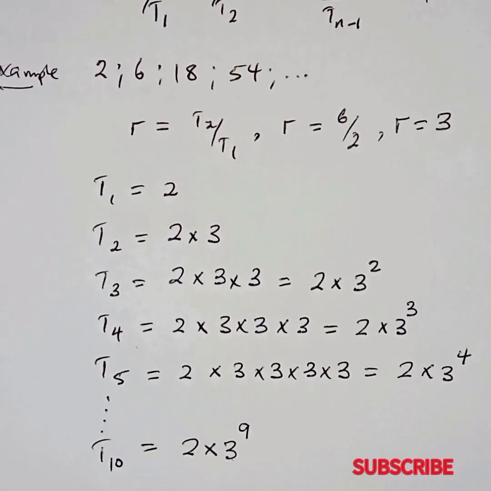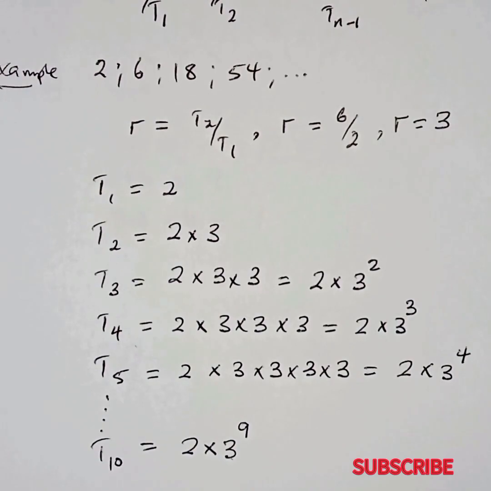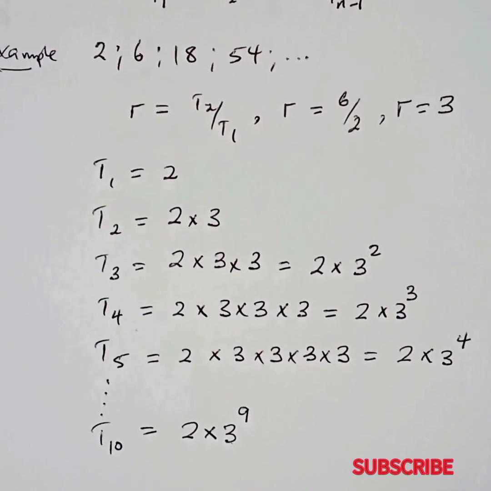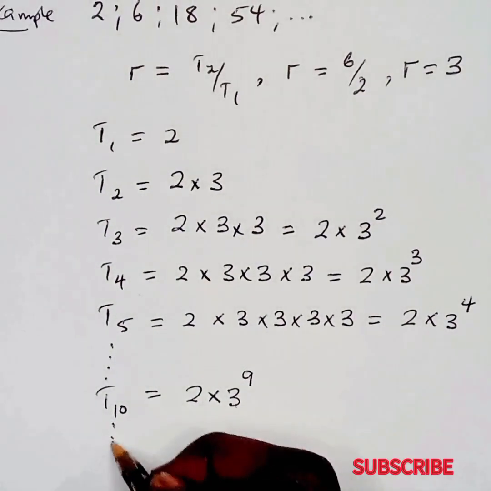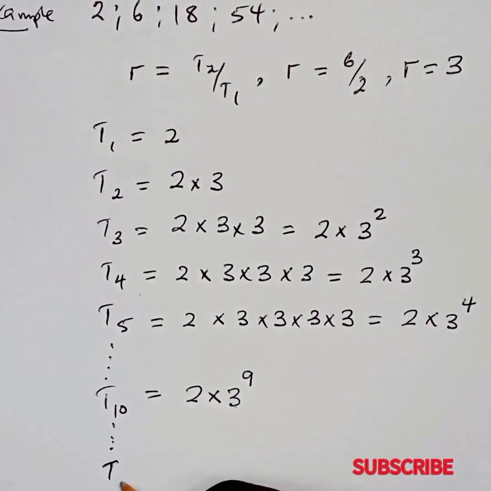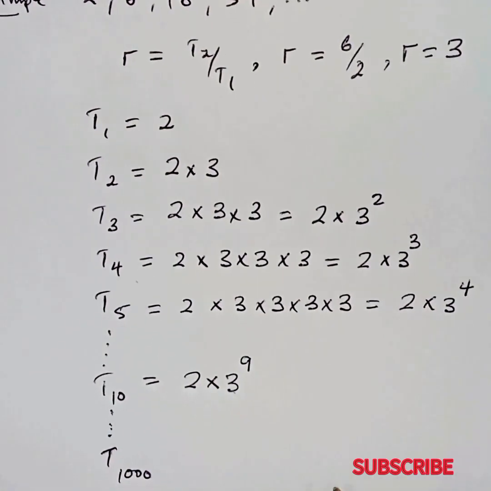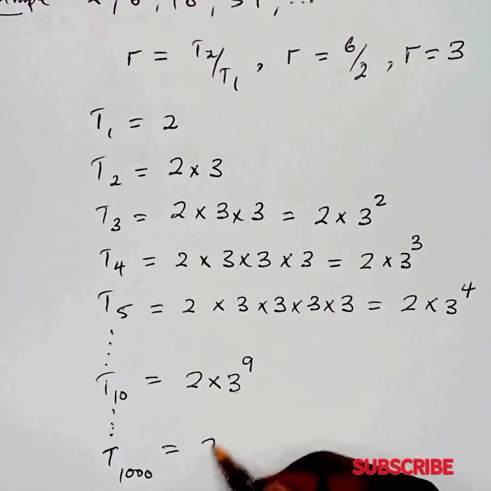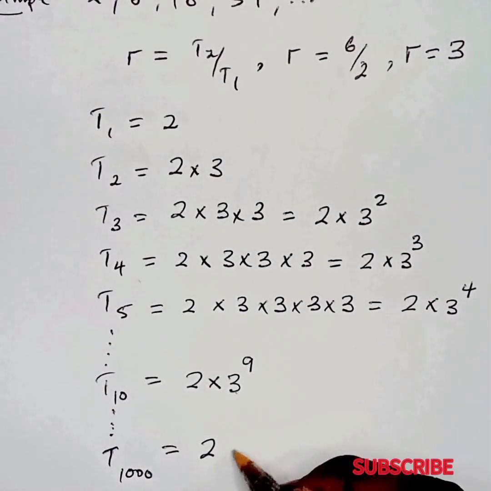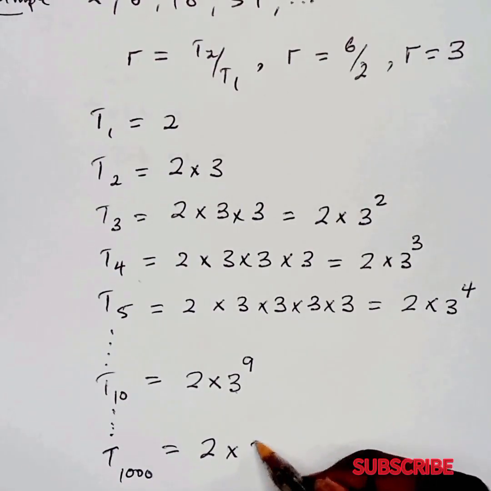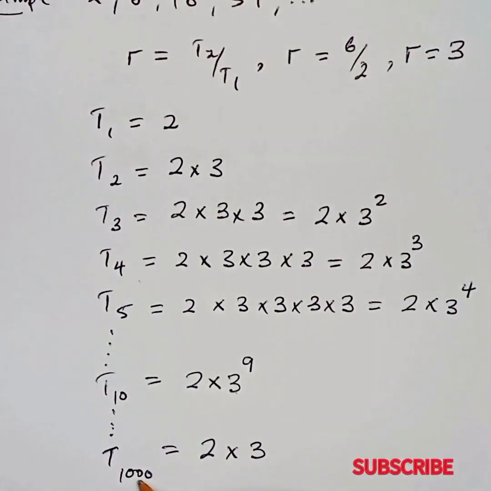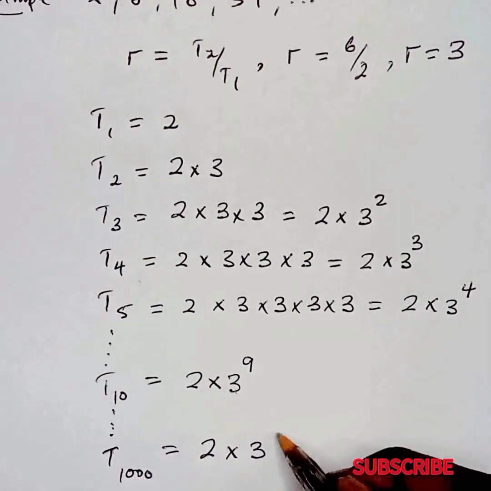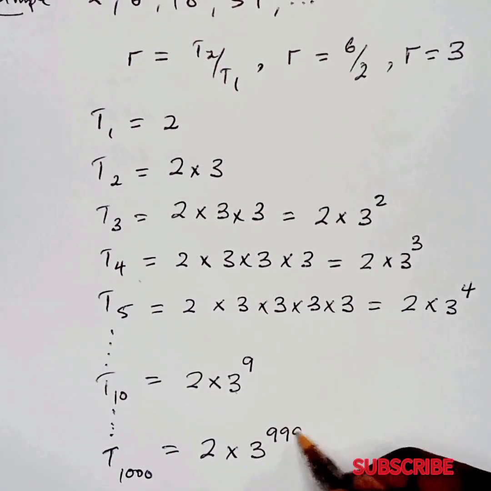We can still do another example. We can look for T1000 using that same principle. So the 1000th term is equal to the first term times the common ratio, which is 3, to the power n, which is 1000 minus 1, and that will be 999.